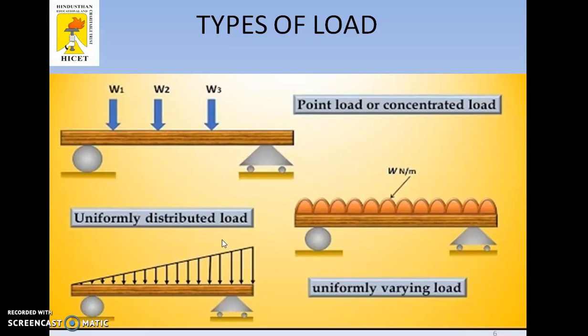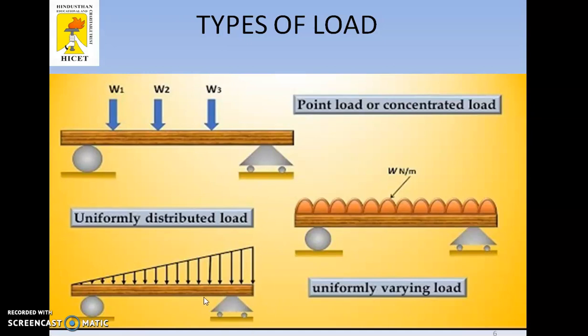The next important one is the uniformly varying load, starting from 0 to some value. So how is this triangular shape of the load converted into a point load? The point load is equal to the total area of the triangle.